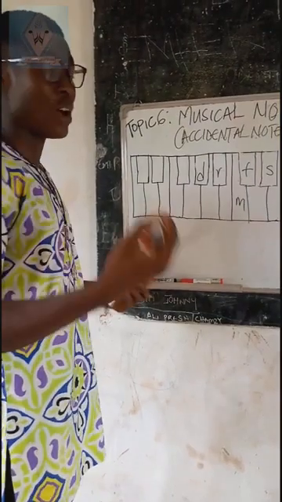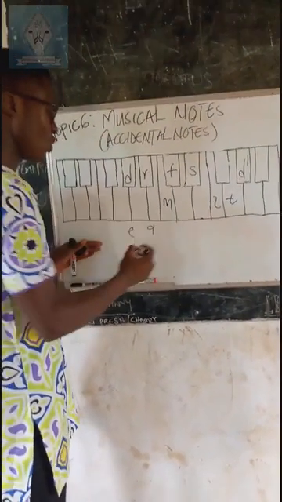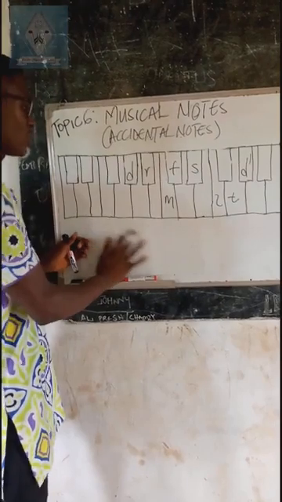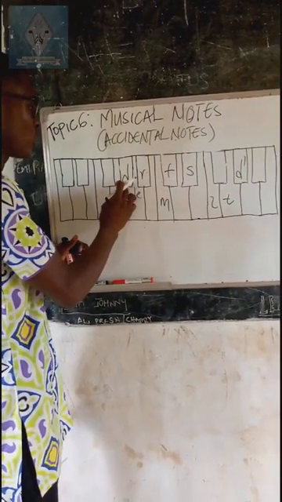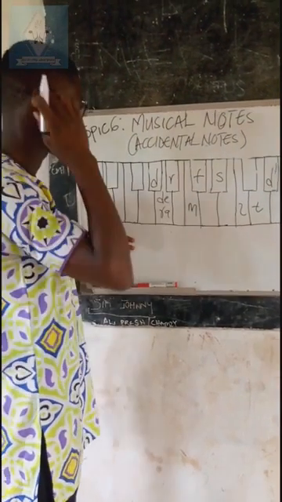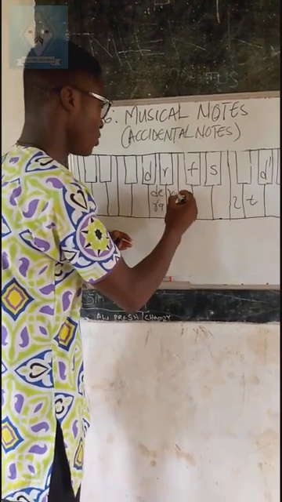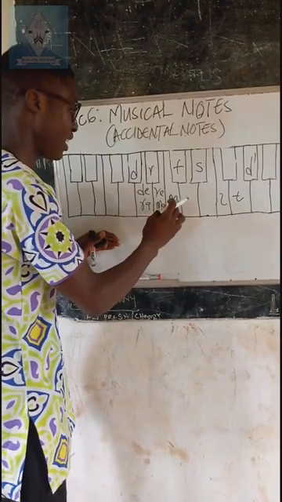Now we have said that to derive the names, you add E to a sharpened note and you add A to a flattened note. So this becomes this by sharpening do, and we have this by flattening re. This becomes this by sharpening re, and this by flattening mi.